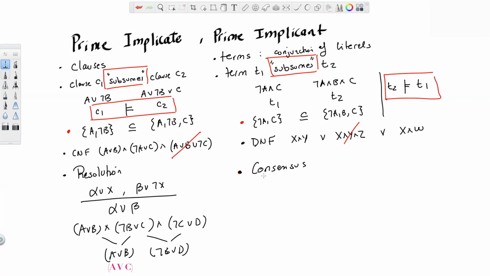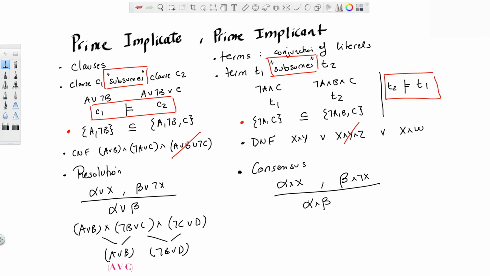And again, it will play a role in just a little bit when talking about prime implicates and prime implicants. This says if you have a term that looks like this, and then you have another term that looks like that, so one term that includes X and another term that includes not X, these are variables, then you can add to the DNF the term alpha and beta.